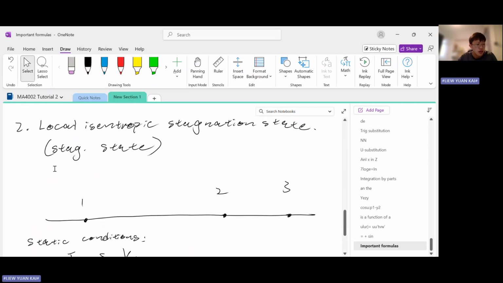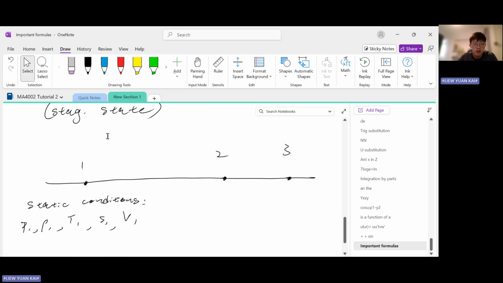So we have a flow of fluid, and at each point of the flow is some state.